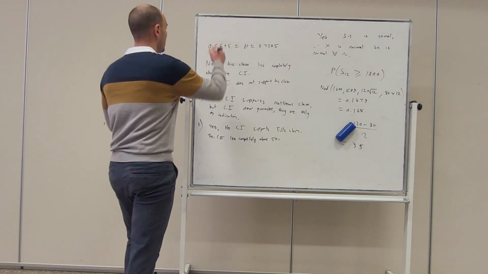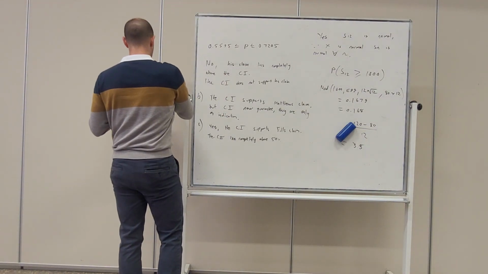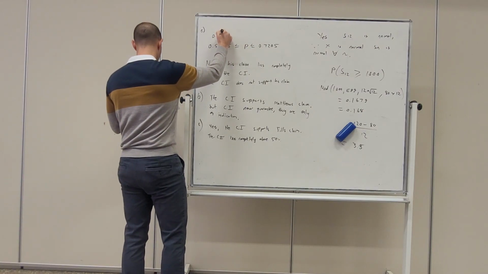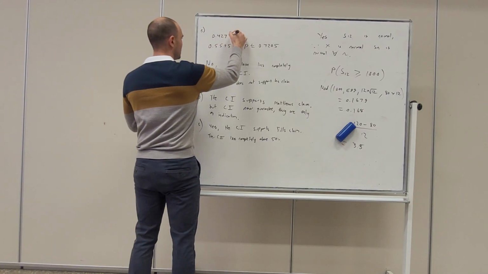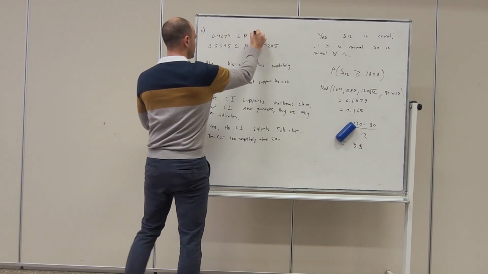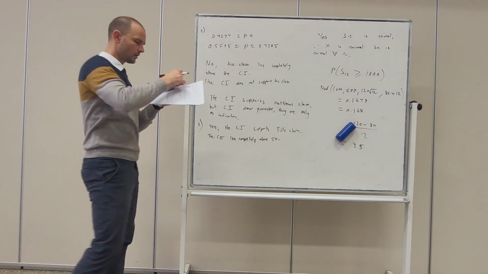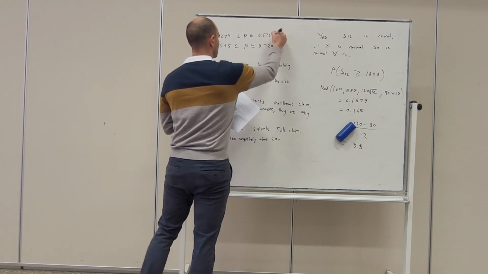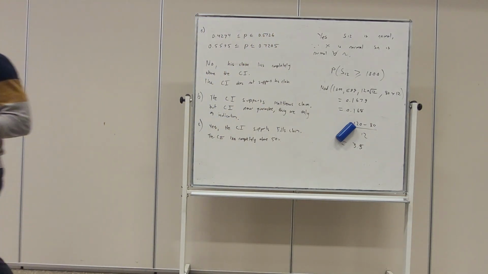And the confidence interval that we get, so this is part E, I'm going to write it up here because we're going to be comparing them in a moment. 0.4274 less than P less than 0.5726. Okay, there we go. So that's the first part of it, calculate the confidence interval.